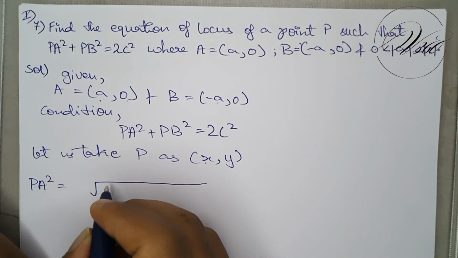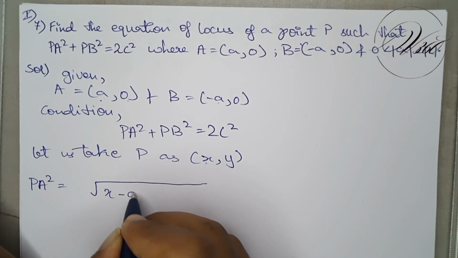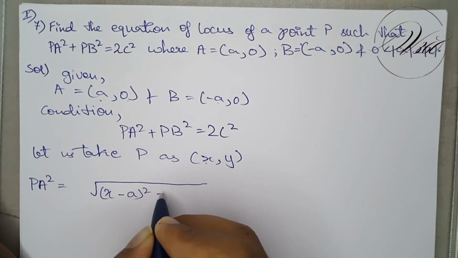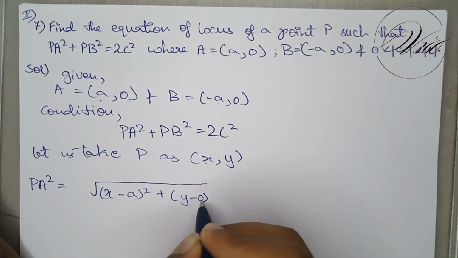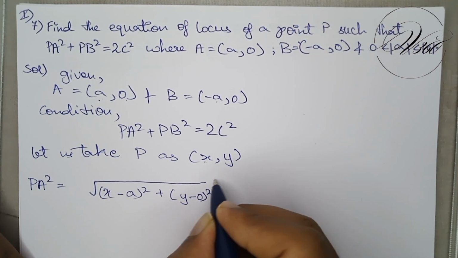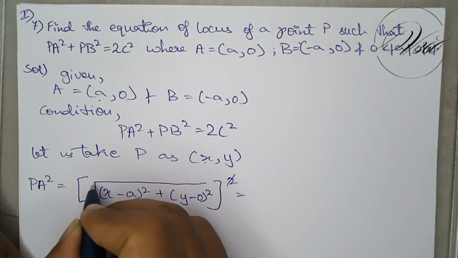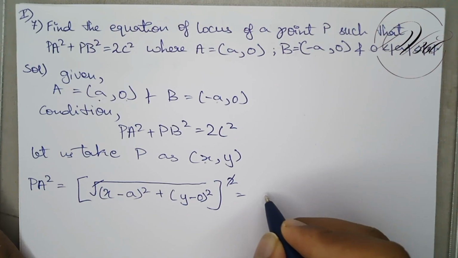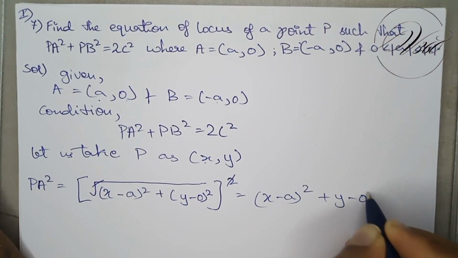Now here P is first, so (x minus a) whole square plus (y minus 0) whole square. Now squares and roots get cancelled. Now we'll get (x minus a) whole square plus (y minus 0) whole square.